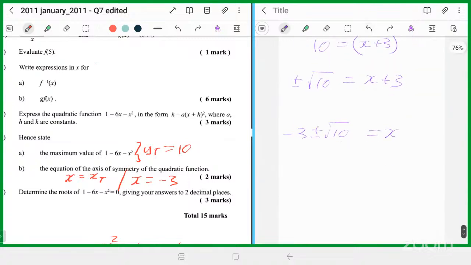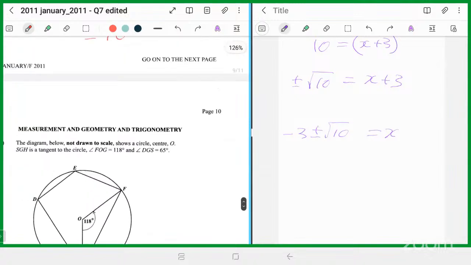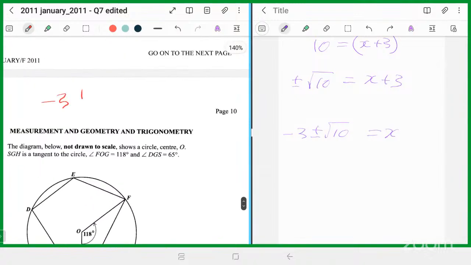All right, so let's get the calculator. We need to write it over here. So it's -3 plus or minus the square root of 10. That's what we're doing.